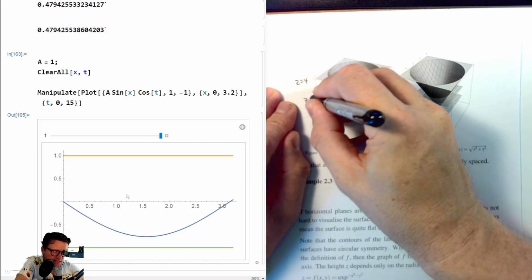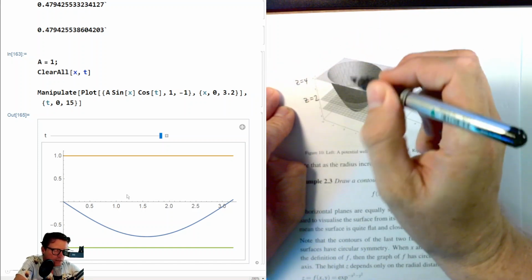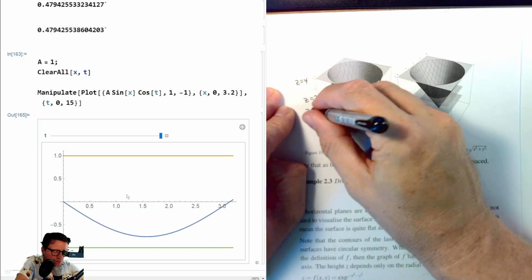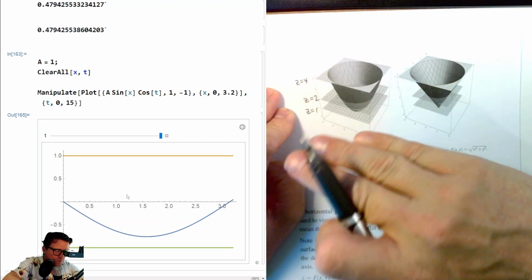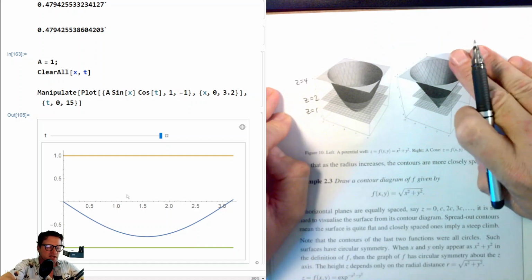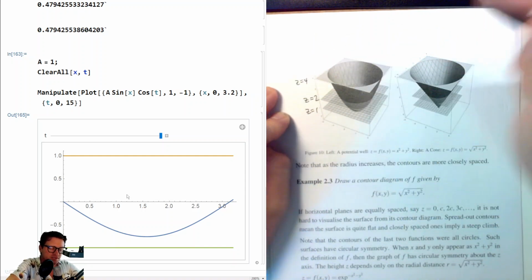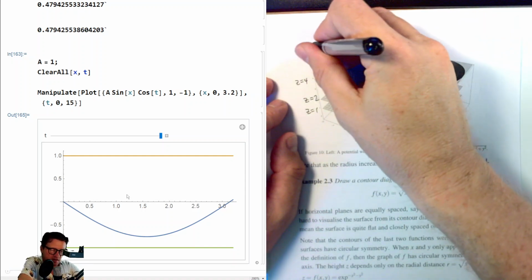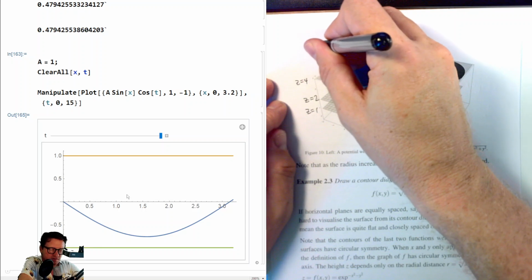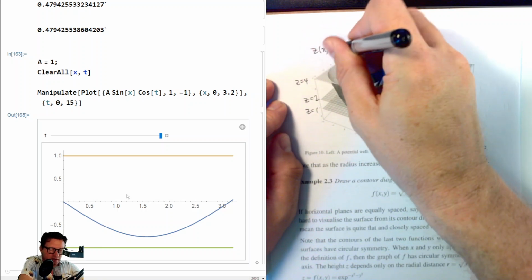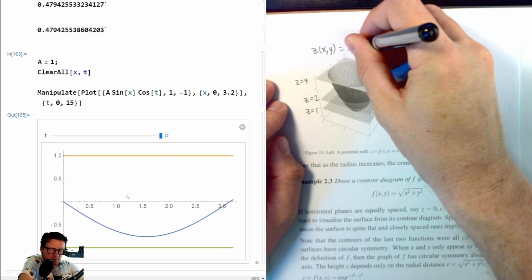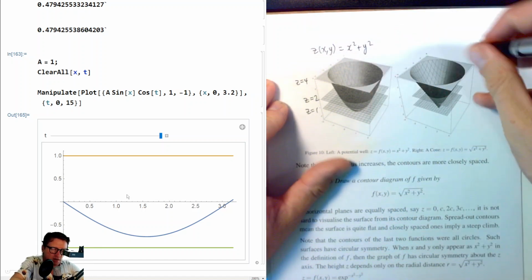This one is z equals 2. This looks like z equals 1. Okay, but those intersections of those horizontal planes with the surface give you circles. So what we have here is a plot of z as a function of x and y equal to x squared plus y squared. Right?